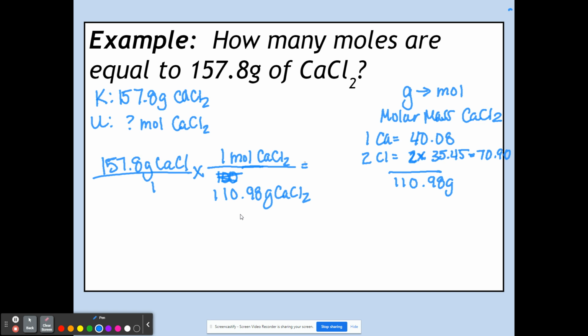So if it's on bottom, I know I'm going to divide, but my units are going to cancel out. So when I do this, I have 157.8 divided by 110.98. My answer is 1.42 moles of calcium chloride.